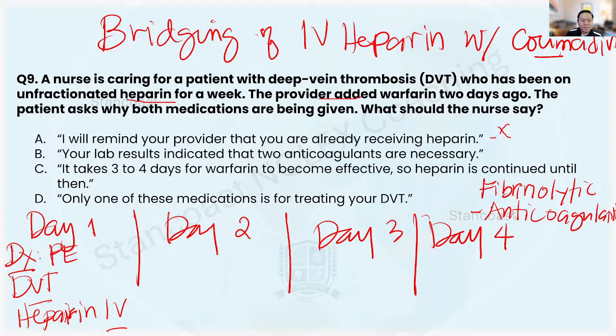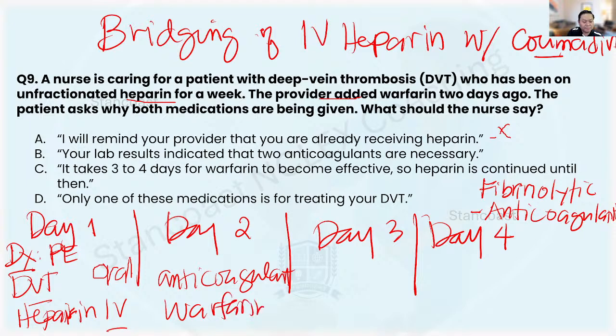Now, the patient will not be getting the heparin all throughout the admission. There comes a time that the medical provider will discontinue the heparin once the patient is about to be discharged to the home setting. But before they can make that decision, they're going to have to start ordering the oral anticoagulant, and that is the warfarin.